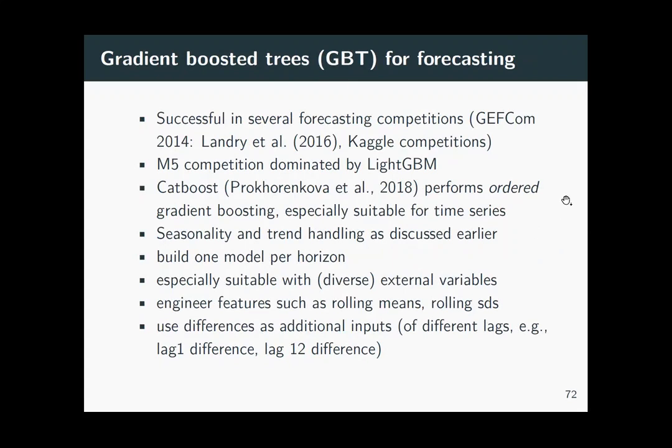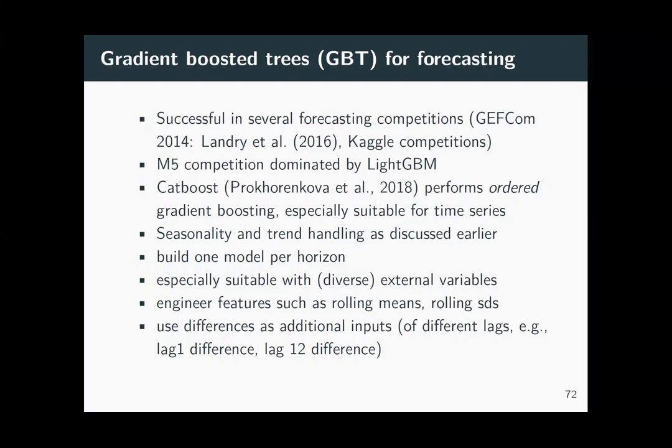Yeah, so gradient boosted trees, they were quite successful in many competitions, like GBM, the obvious choice. CatBoost performs ordered gradient boosting and is supposed to be especially suitable for time series. We've tried it, it works well, especially with its default parameters.